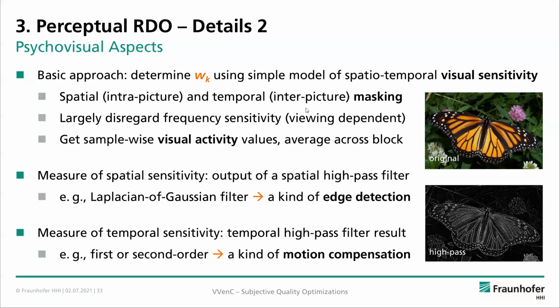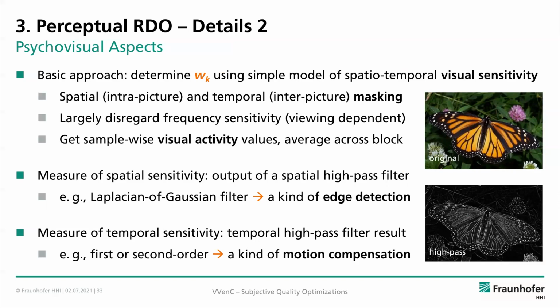We largely disregard frequency sensitivity, which is another aspect of human vision, because that's highly viewer and environment dependent. So we get sample-wise visual activity values, which tell us something about the spatial and temporal masking, and then average these values across a given block.